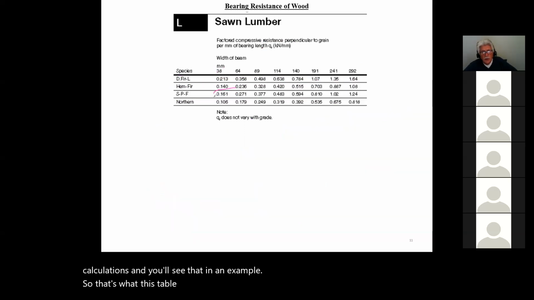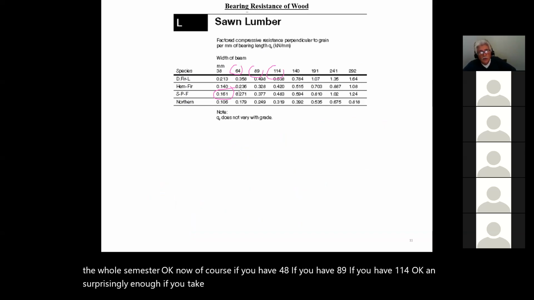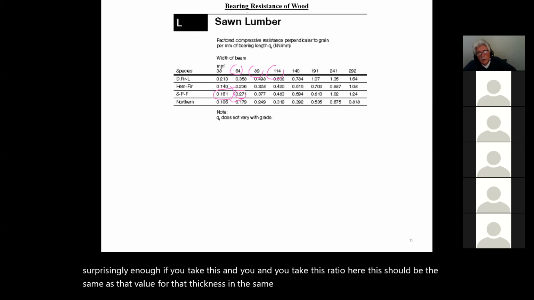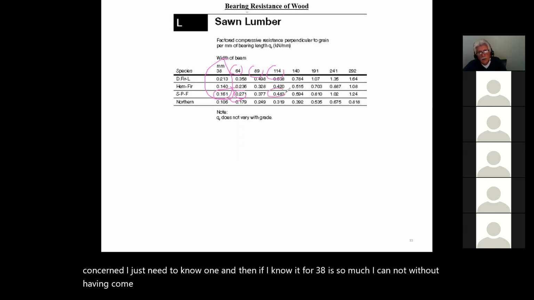Like I said, this value here, I will be using throughout the whole semester. Now, of course, if you have 48, 89, 114, surprisingly enough, if you take this ratio here, this should be the same as that value for that thickness. I just need to know one, and if I know what 38 is, without having to come back to the table, I know what these values are.